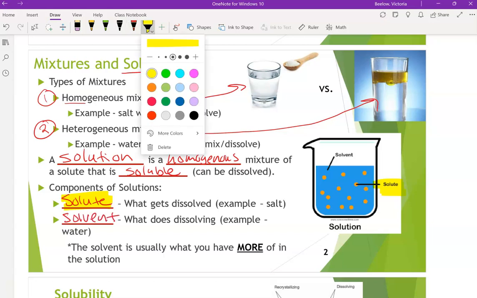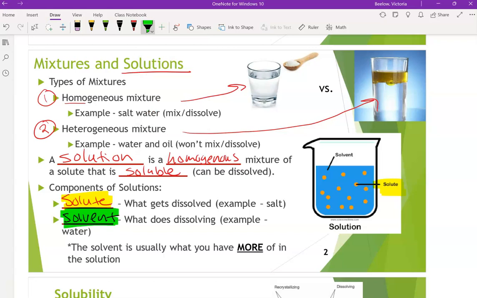The solvent is what does the dissolving. And I would say probably 99% of the time it is going to be water. So the solvent is usually what you have more of. If you're not sure what it is, it's what you have more of.